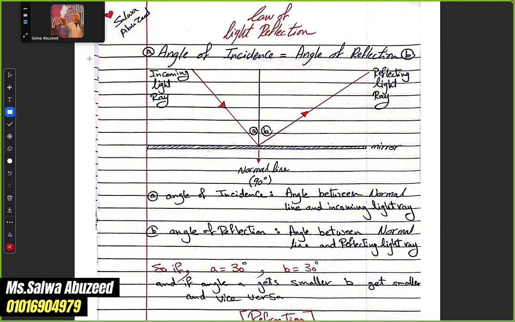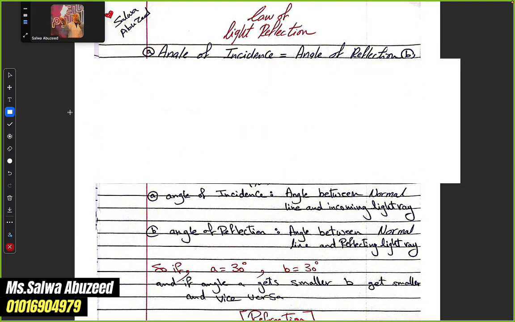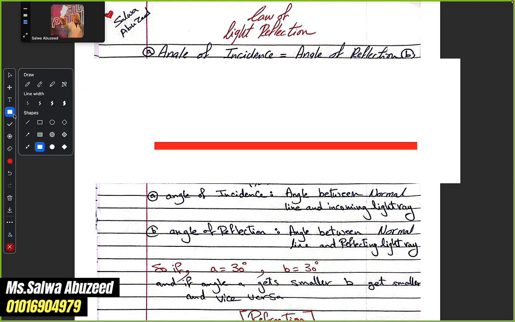So technically, I'll just remove all of this. If I have a mirror, obviously I understand that the mirror is an opaque material that doesn't allow light to pass through. So I have a line in the middle, which we call the normal line. It's going to be 90 degrees.